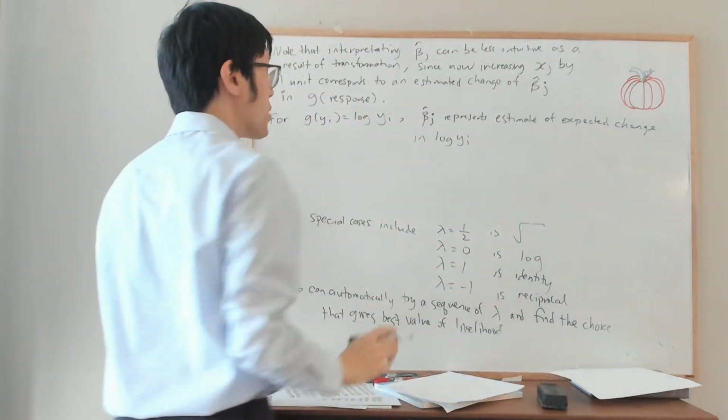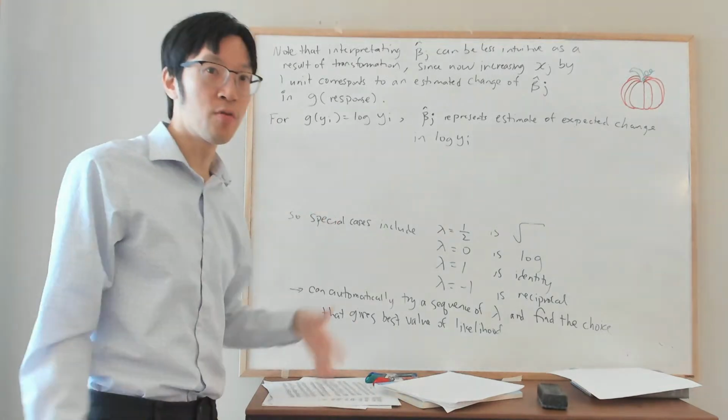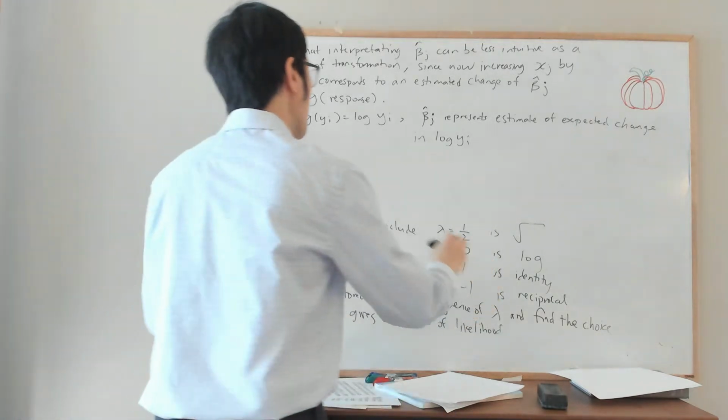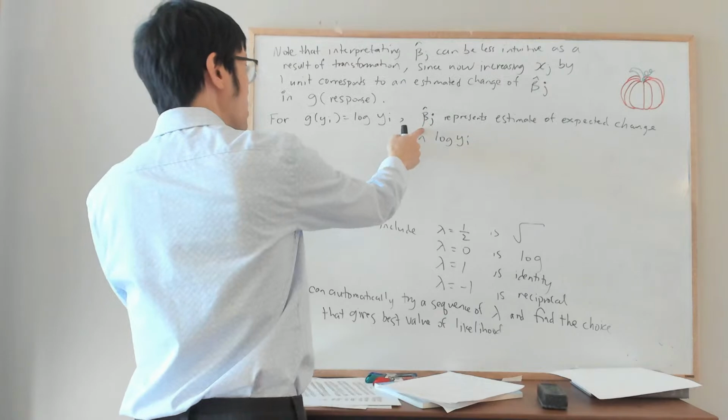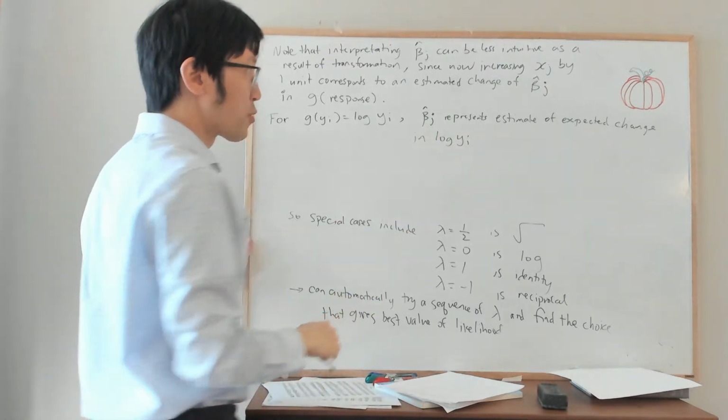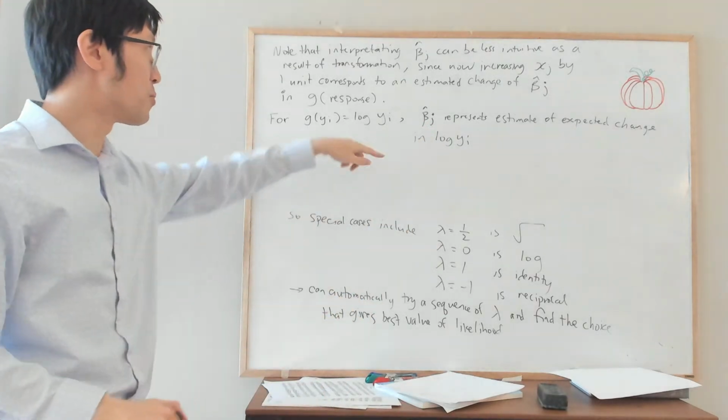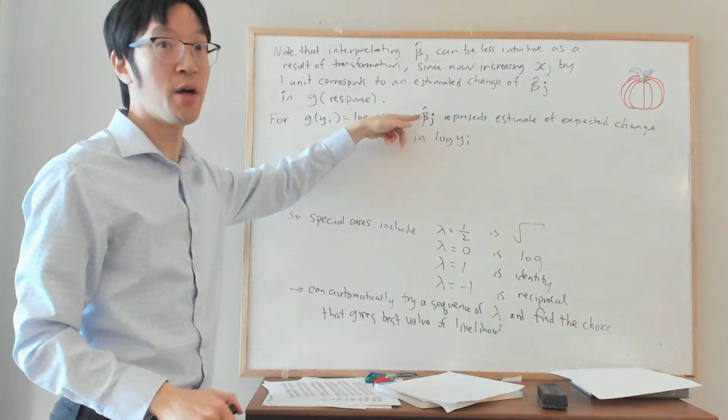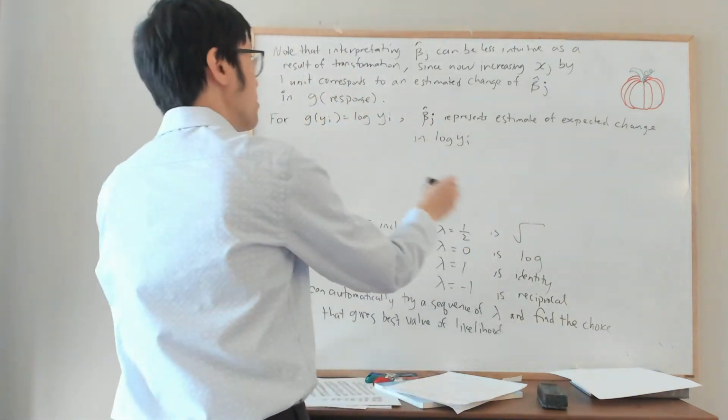Because of our log rule, if you increase the log by this beta hat j units, that corresponds to a multiplicative change of e to the beta hat j.